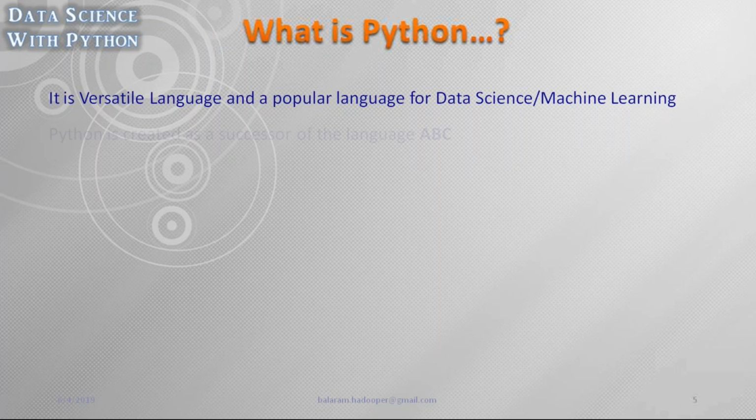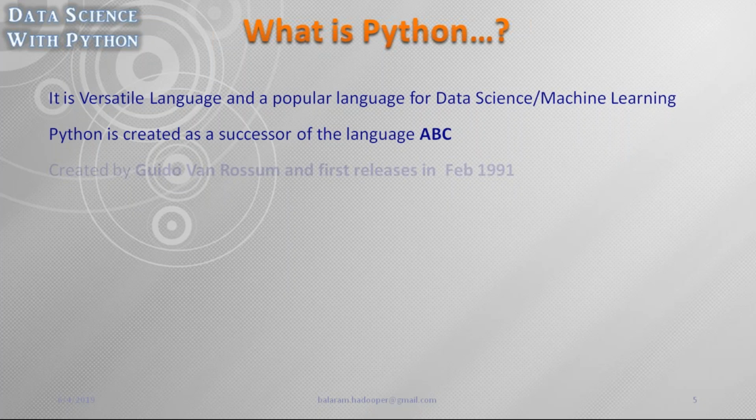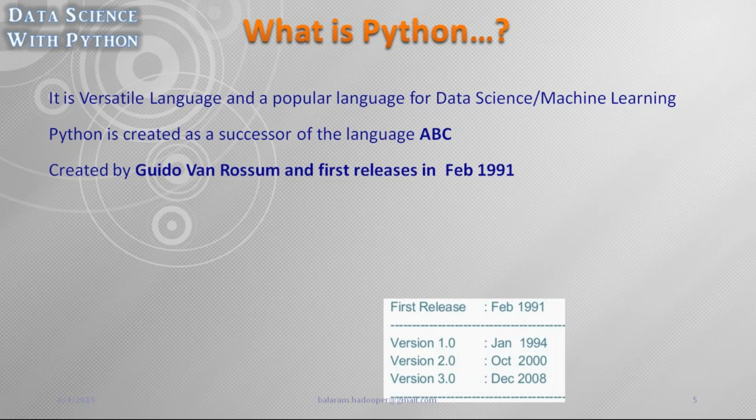Now, the base language for Python is ABC, and it was first developed in 1991. You can observe the versions and how much time it has taken to develop. 1991 was the zero version, meaning the basic version. 1.0 was in 1994, 2.0 in 2000, and 3.0 in December 2008. Till now we are in 3.0 only.